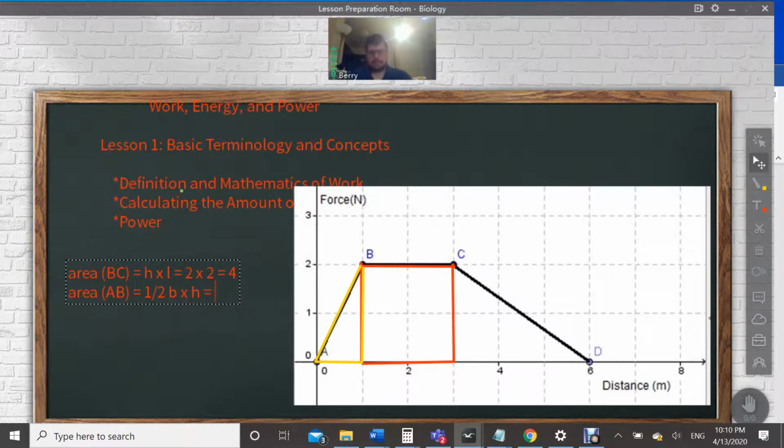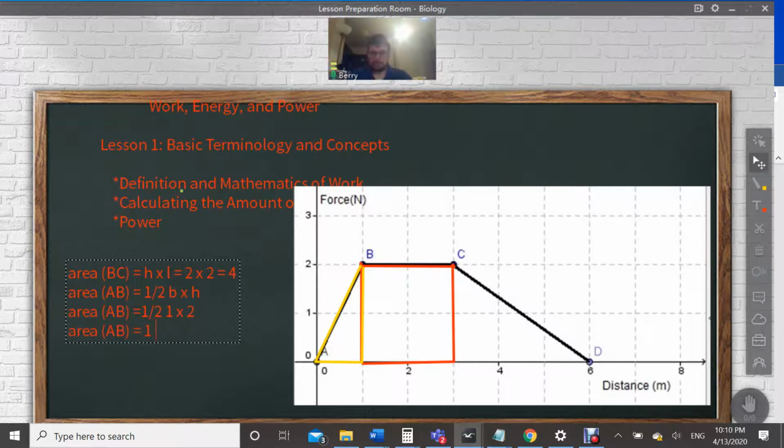The base is going to be equal to 1, and the height is going to be equal to 2. 1/2 times 2 is 1, times 1.